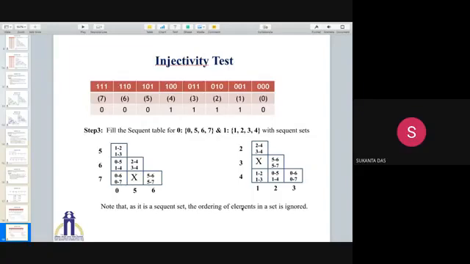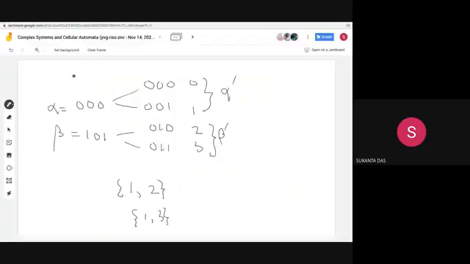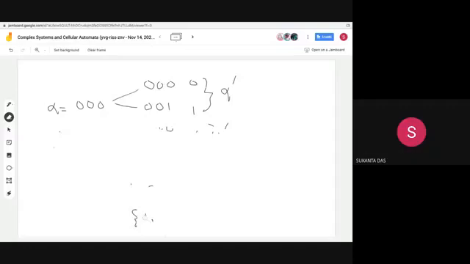See one interesting case: consider 0 and 7. I'll give another example for 0 and 7. You'll find it interesting.